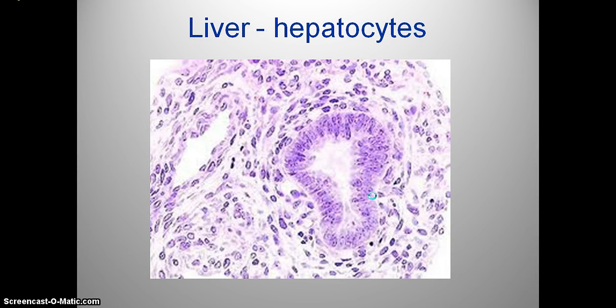All right, liver. Liver produces bile. This is actually a cross-section of a bile duct, and I hope you recall that the function of the bile is to emulsify lipids before they're being digested by lipase in the duodenum in the small intestine.